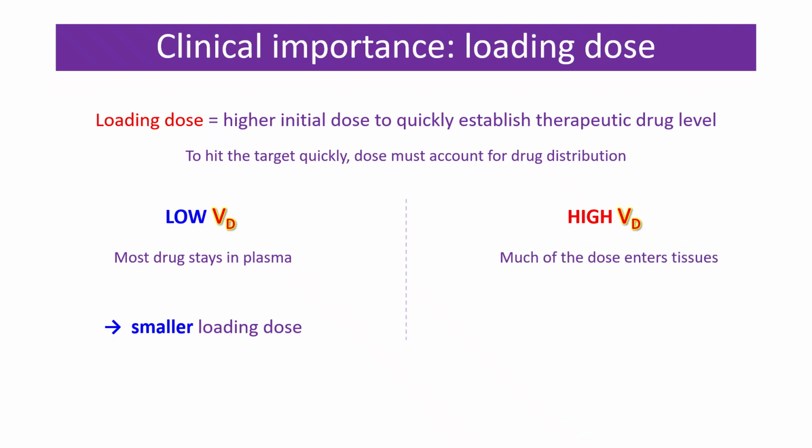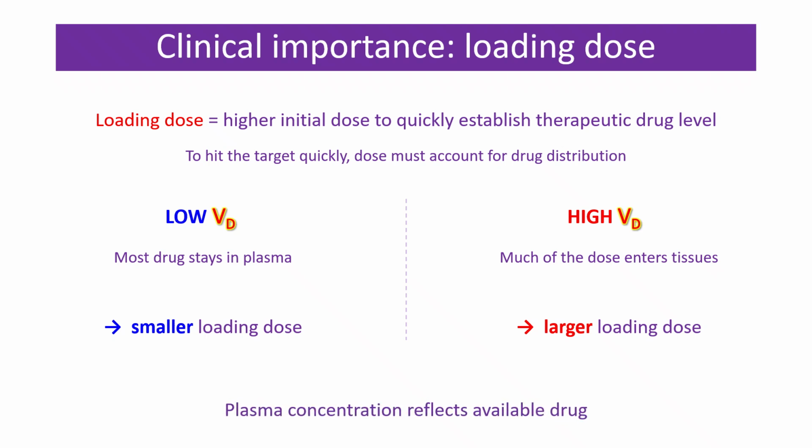As a result, a larger loading dose is required to achieve the same target plasma concentration. Although most drugs exert their effects at tissue sites, plasma drug concentration is commonly used to guide dosing because it reflects the amount of drug available in the body and is readily measured.